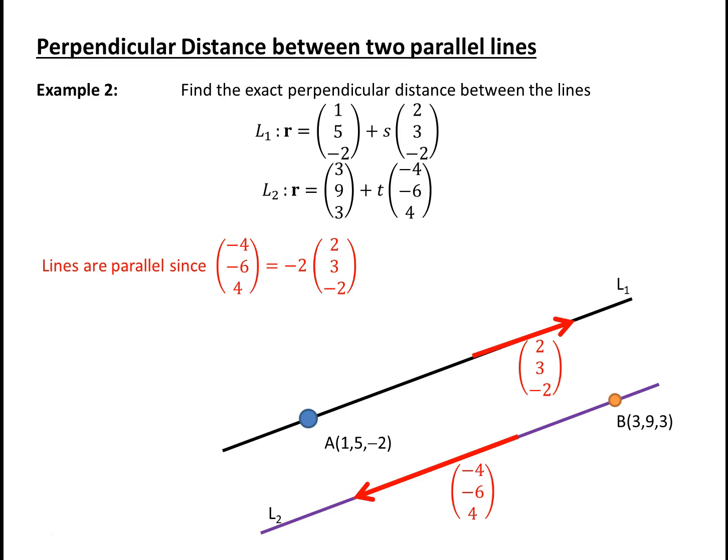Now we can create a right angled triangle for this picture fairly easily, because what we want is the distance between the two parallel lines, and we can certainly say that that is the distance of B away from L1. So the right angled triangle we're going to be considering consists of A, B and the line L1.